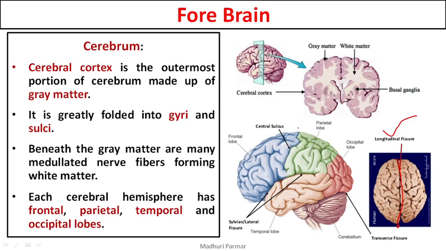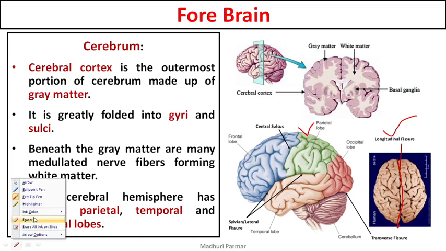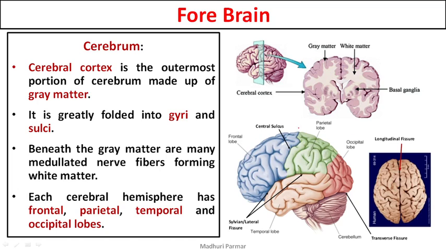So focus on this diagram. Now in this brain, you have one central sulcus. Sulcus, I told you, is the singular form of sulci. Clear? So it is a great fold, known as the central sulcus. Why is it central?